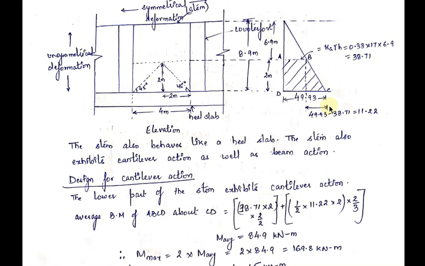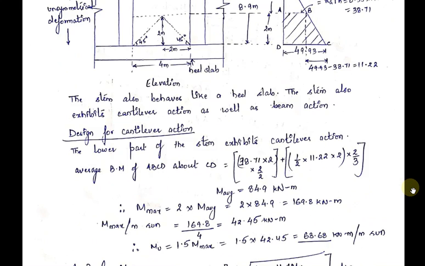So the base of the triangle will be 49.93 minus 38.71, which is 11.22. So the area of the triangle will be half base into height, and this force will act at the CG of the triangle, and the CG of the triangle from the base is 1 by 3 of this height. So it means 1 by 3 of 2, that is 2 by 3.